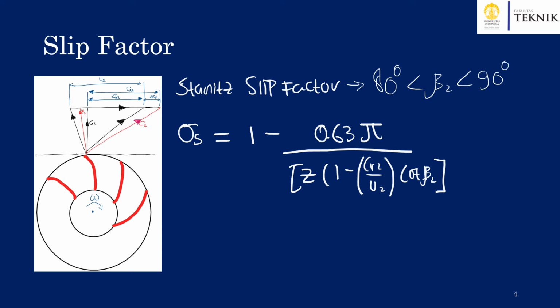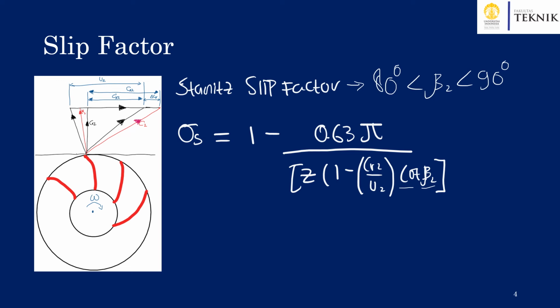The slip factor based on Stanitz is equal to 1 minus 0.63 multiplied by pi and divided by Z, multiplied by 1 minus the ratio of the radial component of the absolute velocity at the outlet to the blade velocity at the outlet, multiplied by the cotangent of beta 2.